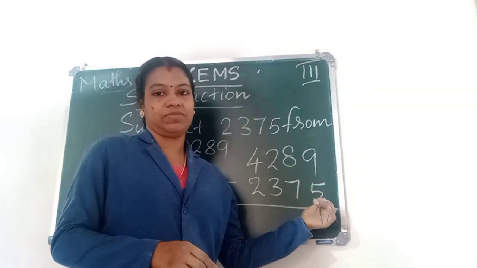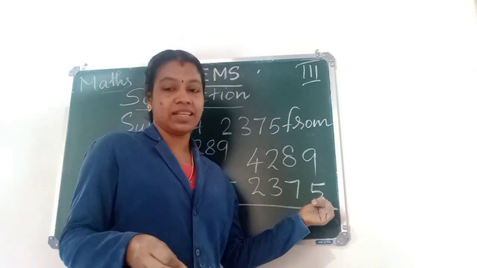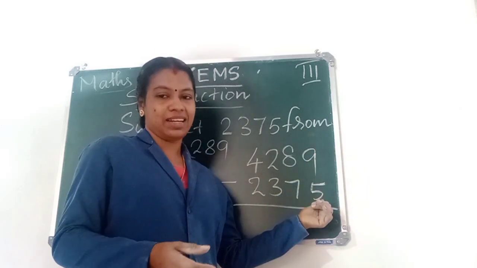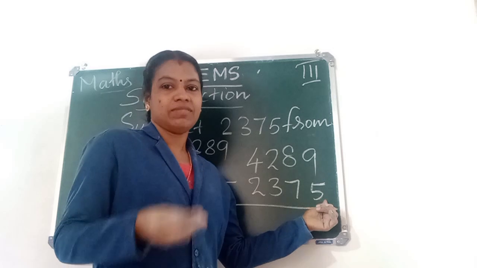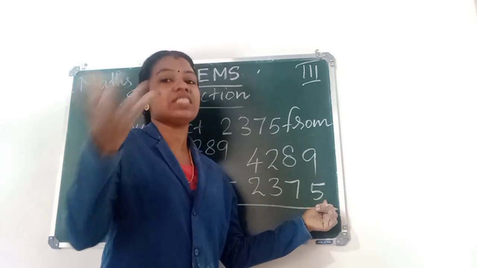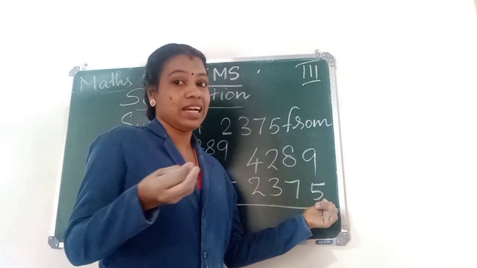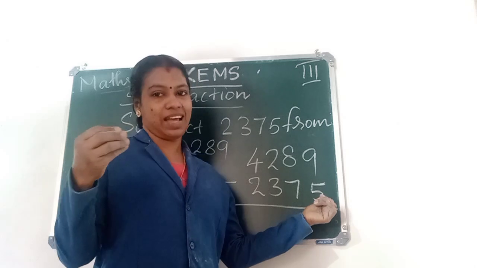So actually we have 5. Then what is 9? 5 plus what is 9? We learned 5 plus 4. 5 plus 4 equals 9.